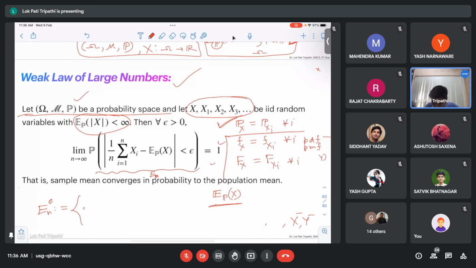The set of omega belonging to Omega such that this relation holds: mod of 1 by n summation i equals 1 to n of Xi of omega minus expectation of X is less than epsilon.